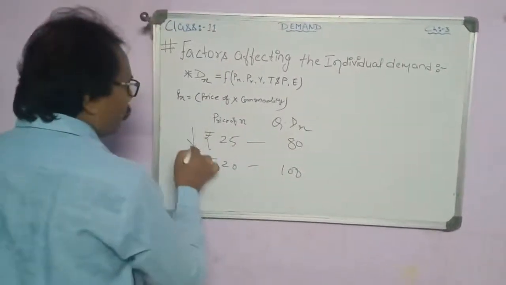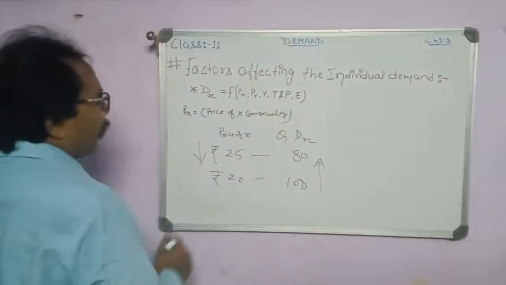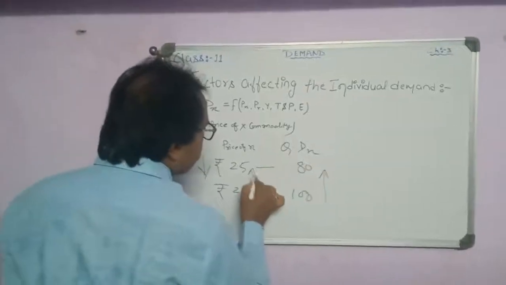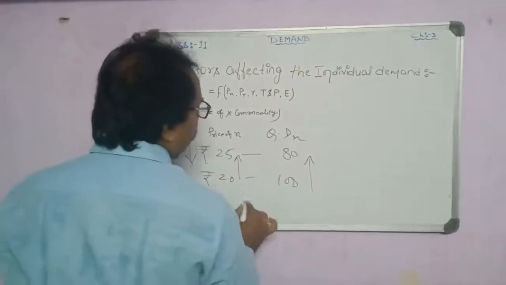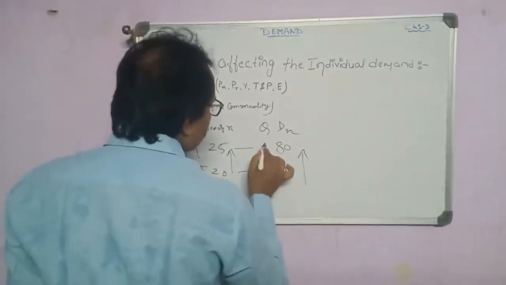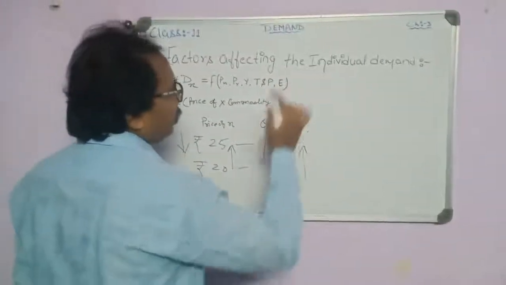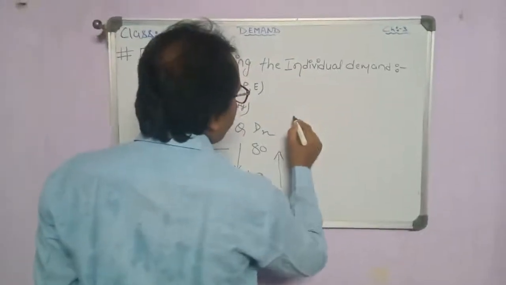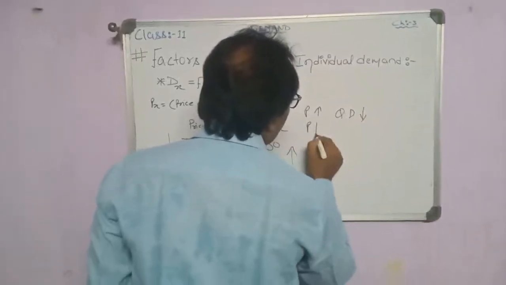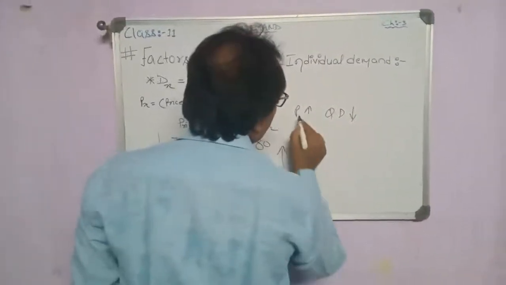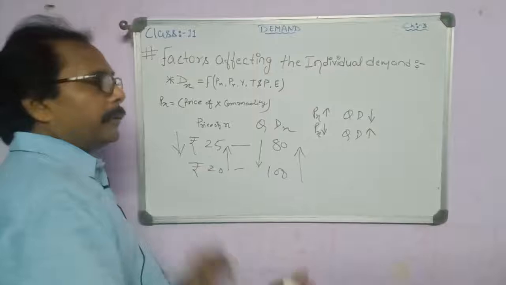So as the price falls, quantity demanded rises, and as the price rises from 20 to 25, quantity demanded falls. Is it clear? So we can write down: P rises, QD falls; P falls, quantity demanded rises. Is it clear? So that is an inverse relation.